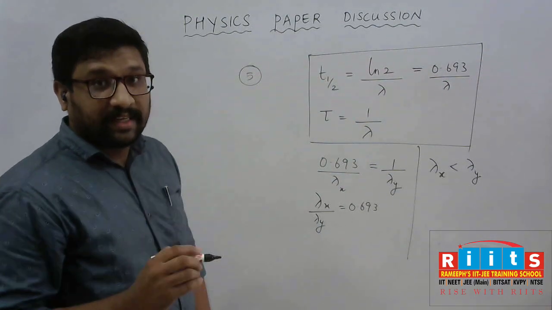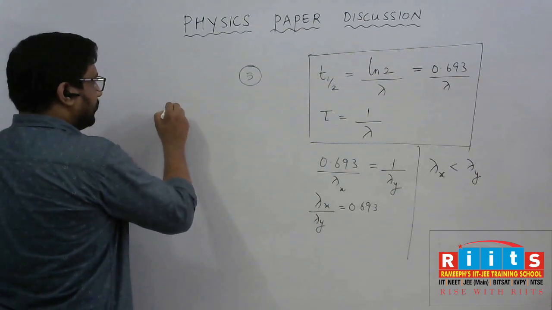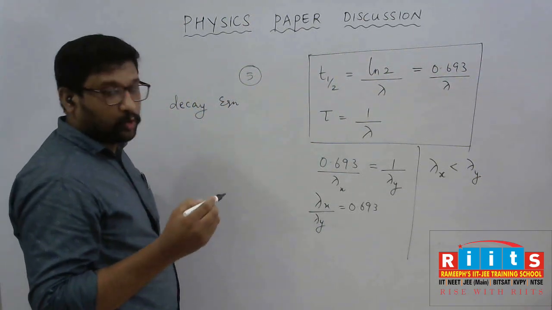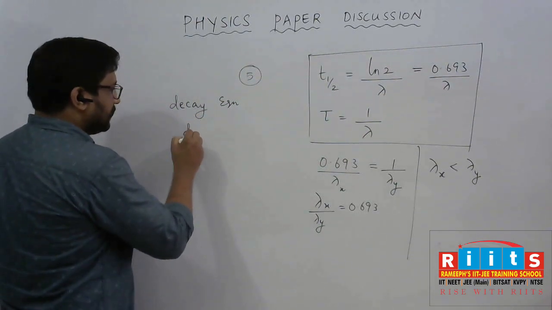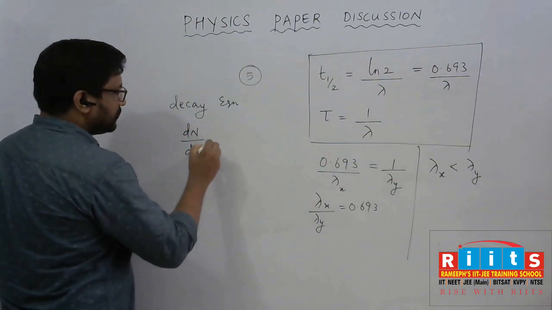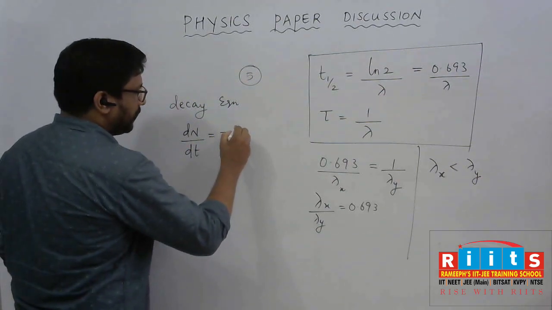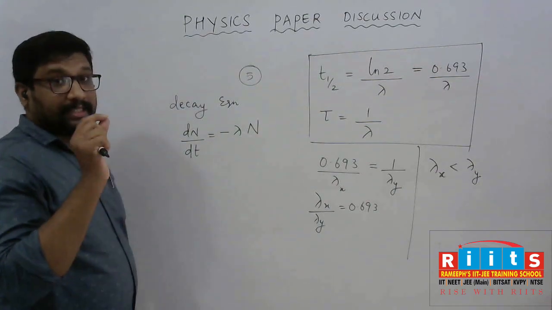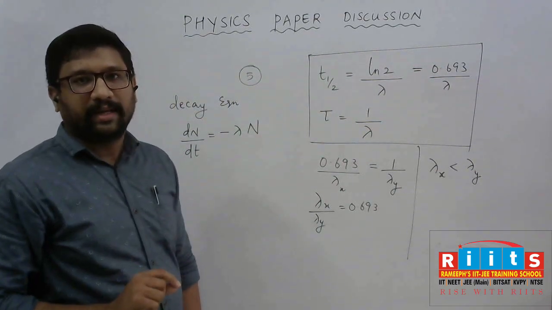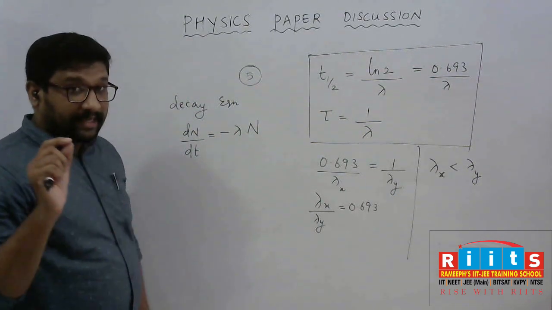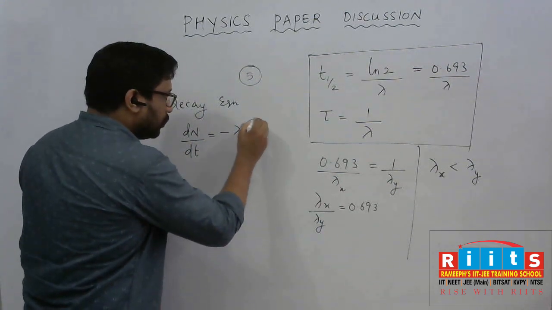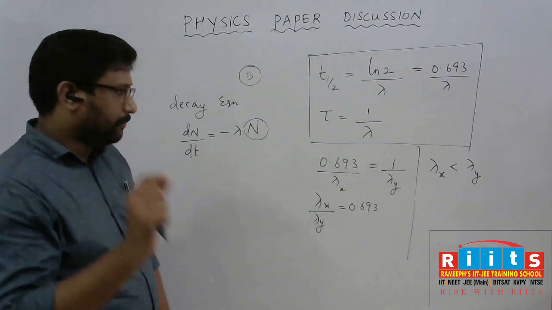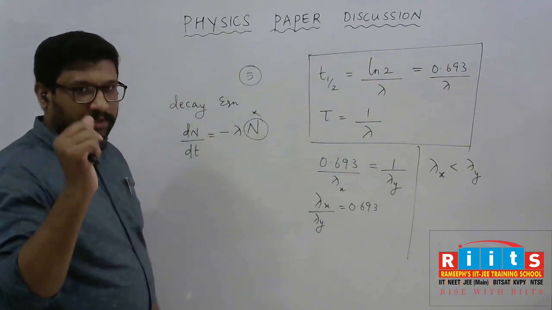We know the decay equation or disintegration equation for radioactive nuclei: dN by dt, the rate of disintegration, can be written as minus lambda times N, where N is the number of radioactive nuclei present. They have given that the number of nuclei present for both elements X as well as Y is the same. So this is constant for both elements.